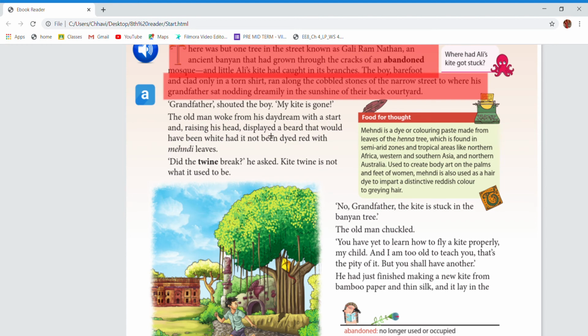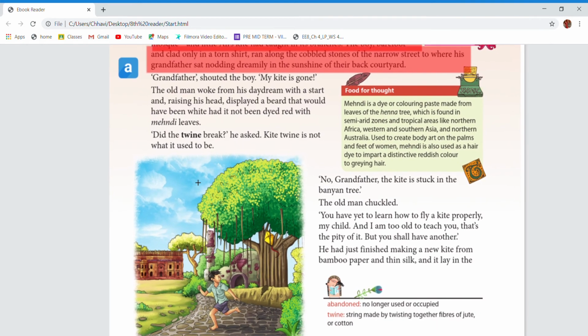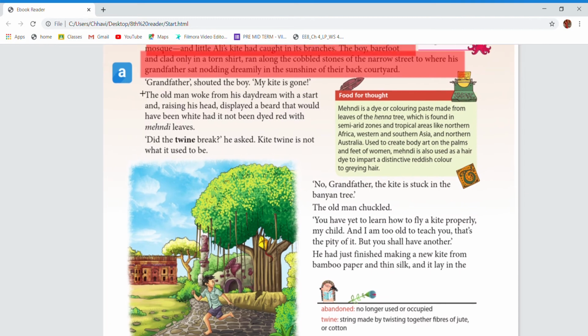Grandfather, shouted the boy, my kite is gone. As soon as he reaches his grandfather, he says my kite is gone, please help me. The old man woke from his daydream with a start, and raising his head displayed a beard that would have been white had it not been dyed red with the mehndi leaves. So the old man, as I said, was taking a short nap in the day.